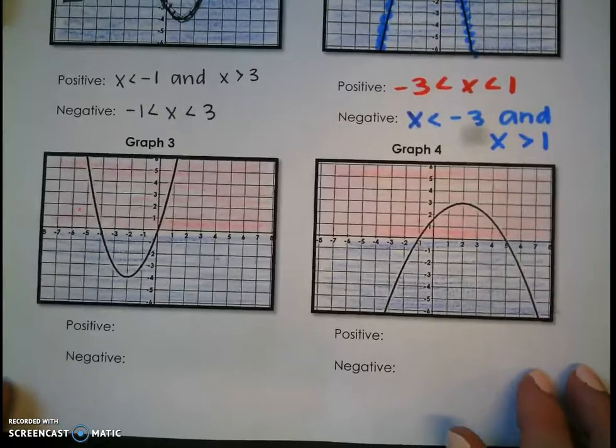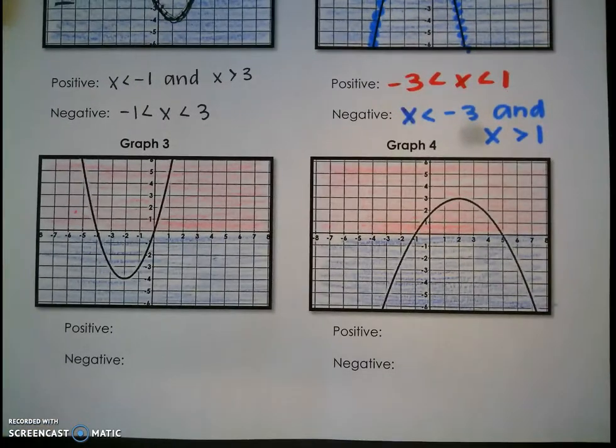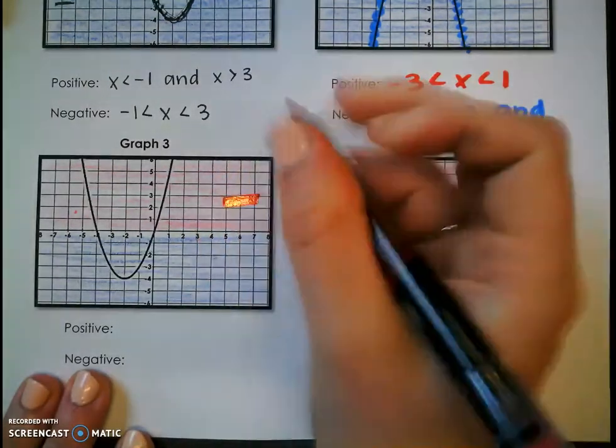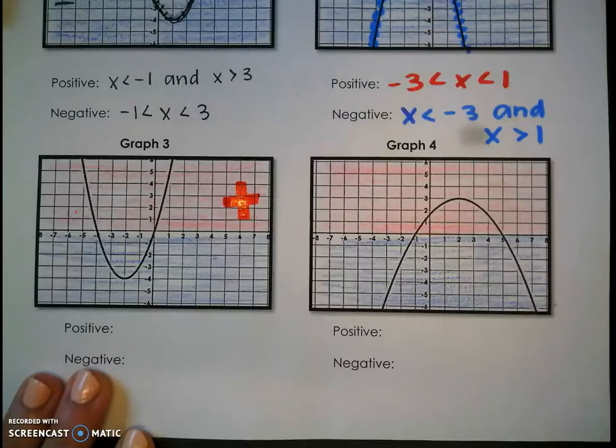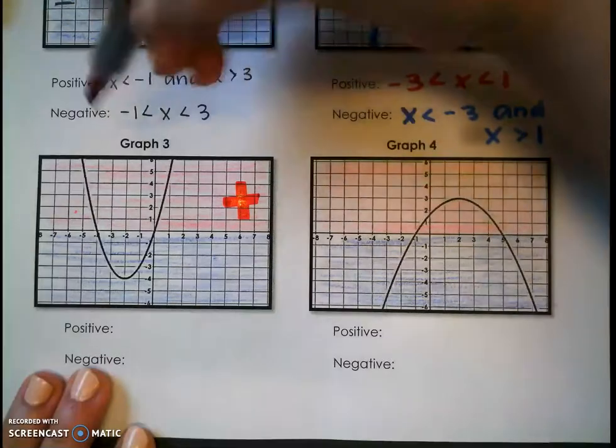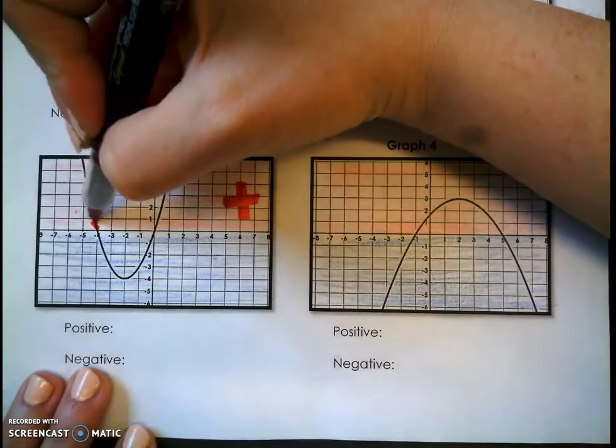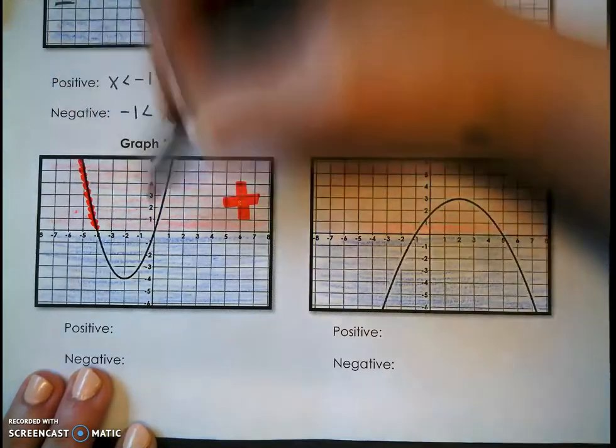I'm actually going to go ahead and just do these 2 because I think this is the most confusing part of what we do. I want to make sure we're all on the same page. So remember, positive is on the top. That's where I'm going to start. I have 2 positive sections here. I have this section and I have this section.